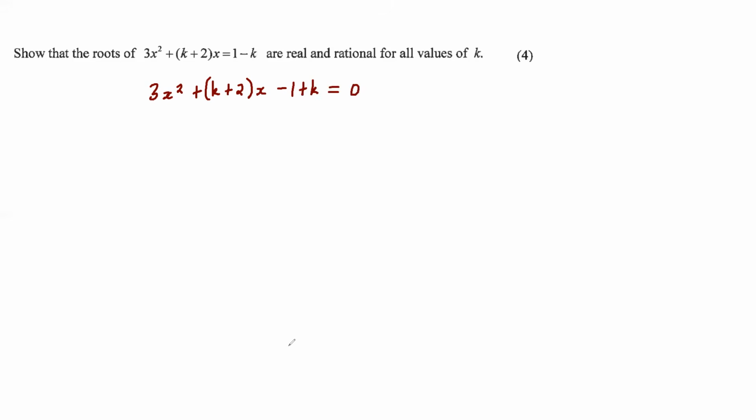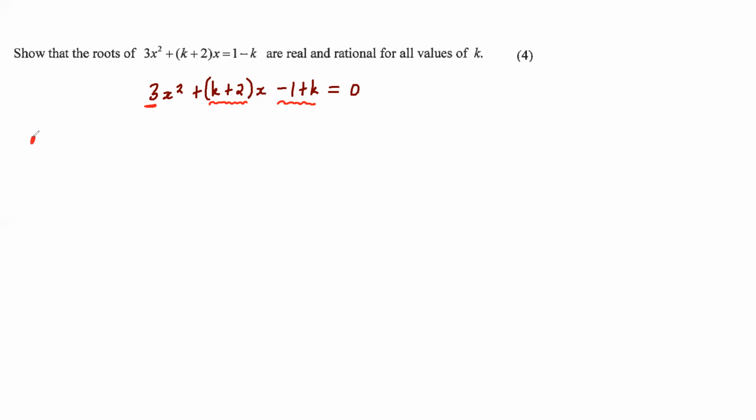I've rearranged it in such a way that I'm able to see my a, my b, and my c. So who is a? a is 3, which is the coefficient of x squared. Who is b? b is k plus 2, which is the coefficient of x. And finally, c is -1 plus k.